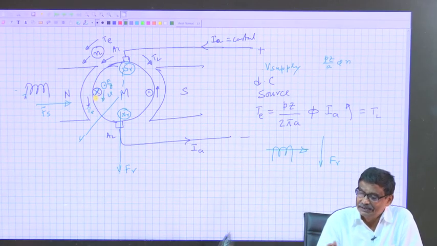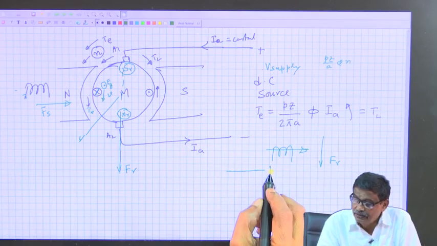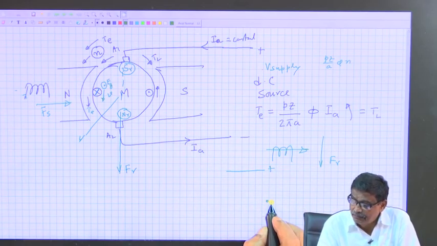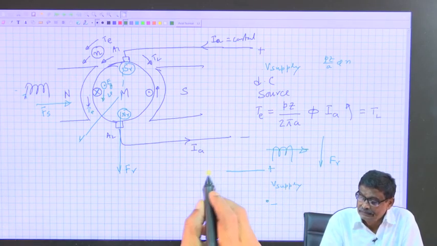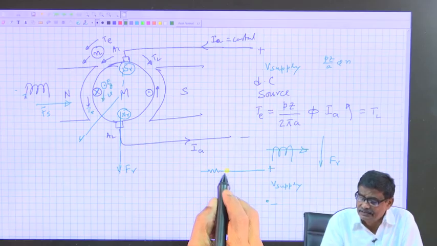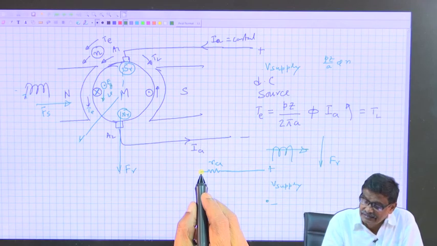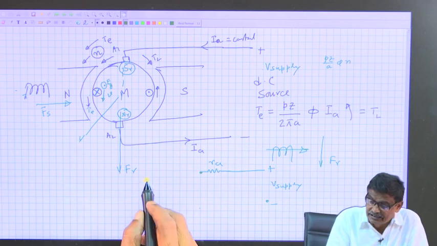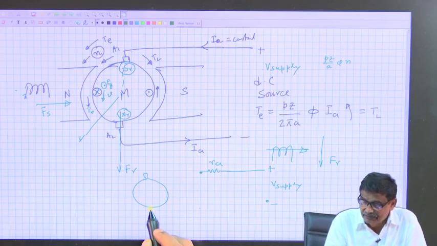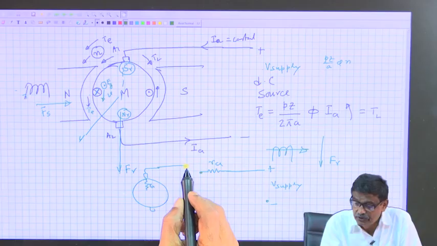That is the armature circuit equivalent circuit. If I draw, for motor mode, it will be like this, plus minus V supply. There may be some armature resistance, RA, armature coil resistance. This is your armature. There will be an armature resistance here, conductors having resistance, here is your V supply.